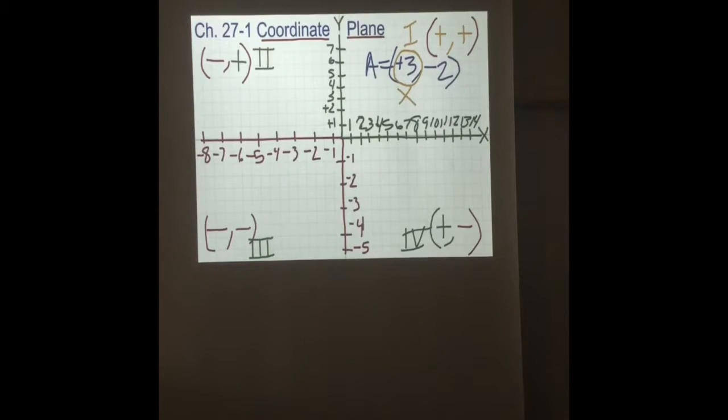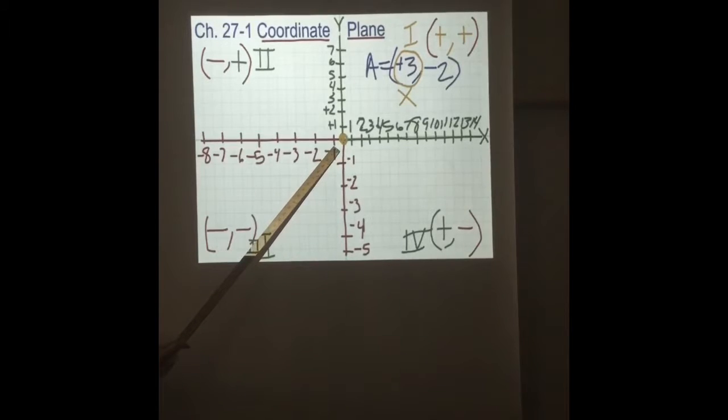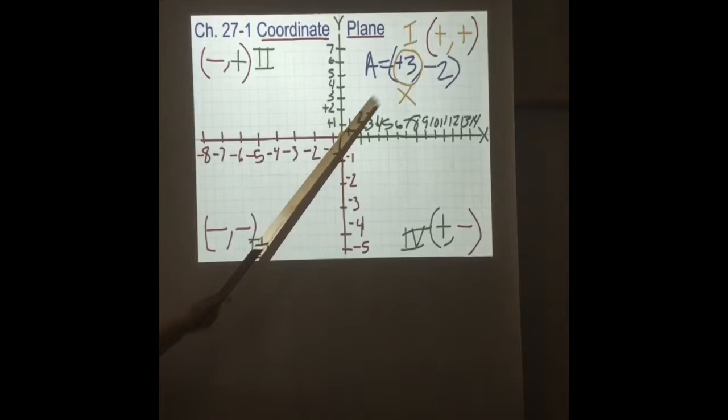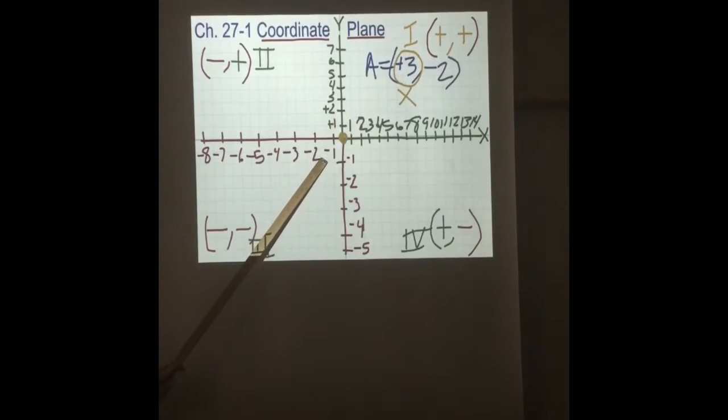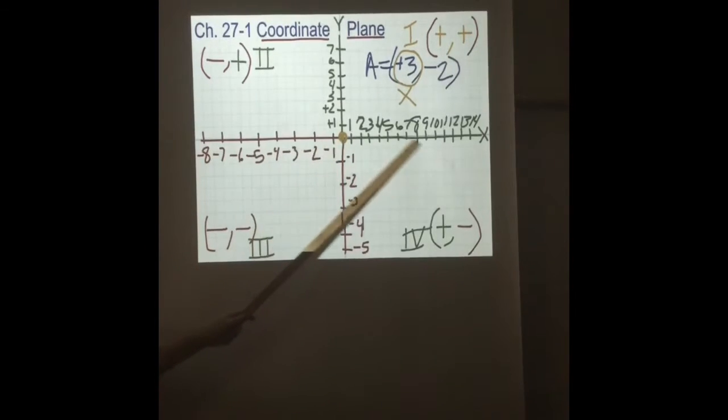That means we're going to be going on this X axis. We're going to start at 0, 0, which is the big yellow dot in the middle. And we're going to go over how many places, and which way, left or right? Remember I've said before, to the left side of the 0 is negative and to the right is the positive side.